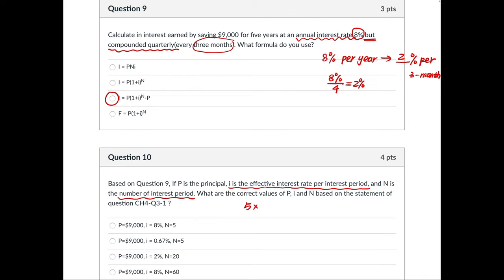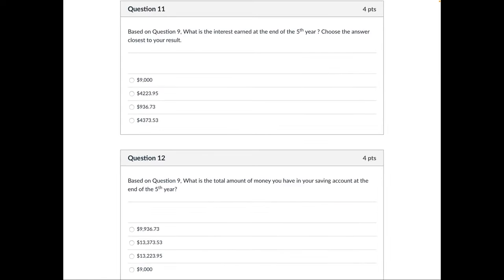And how many quarters do you have per year? 4 quarters. So in 5 years, you have 20 quarters, which means N is 20. Okay, so this is your correct answer.